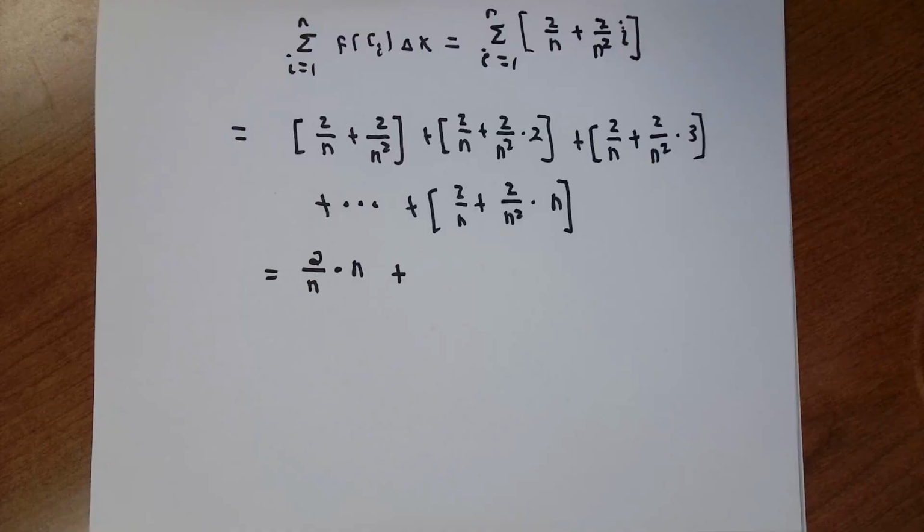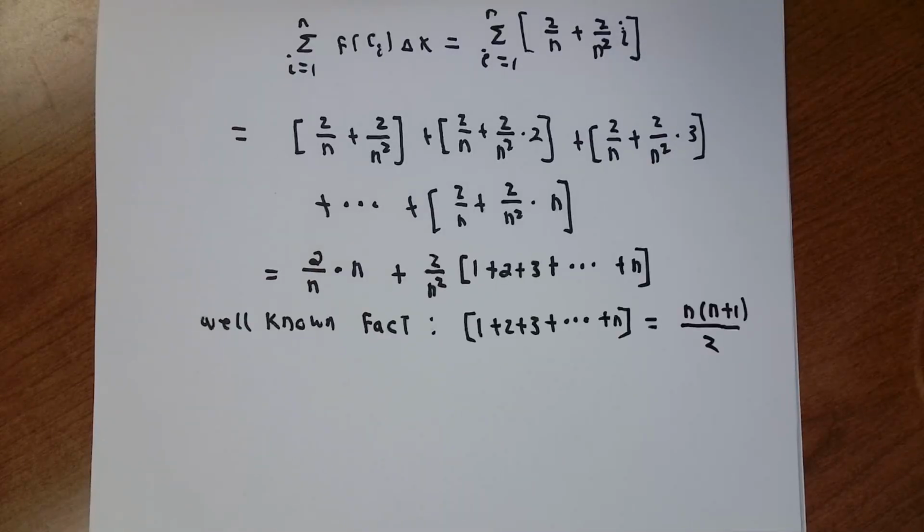When I add up all of those things, they all have a factor of 2 over n squared, and then there are factors 1, 2, 3, all the way out to n. It's a known fact, though, that 1 plus 2 plus 3 all the way out to n is equal to n times n plus 1 over 2. I can use that to simplify the expression that we have here.